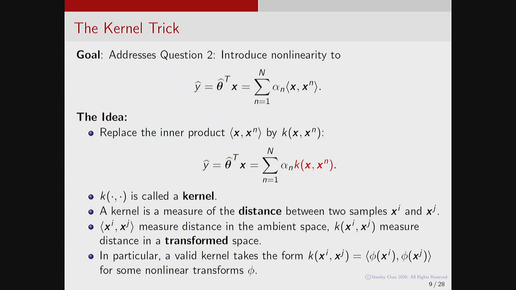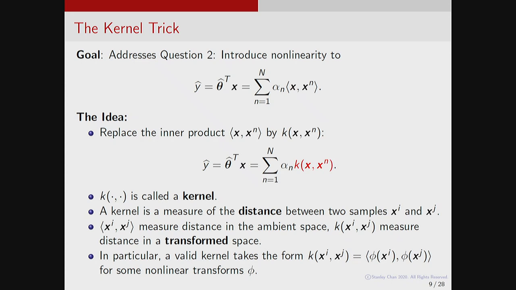So now the idea of the kernel trick is extremely simple. Look at this inner product and replace it by something else. This something else is denoted by a function k of x and xn. This k is a function that takes two inputs, x and xn, and gives you some other number.